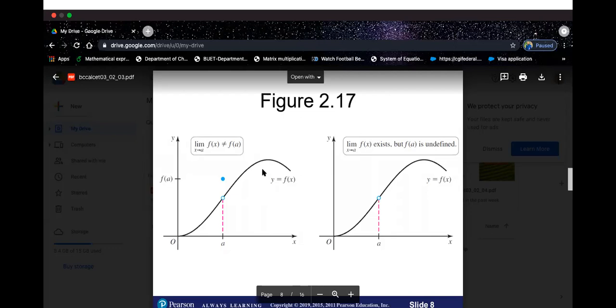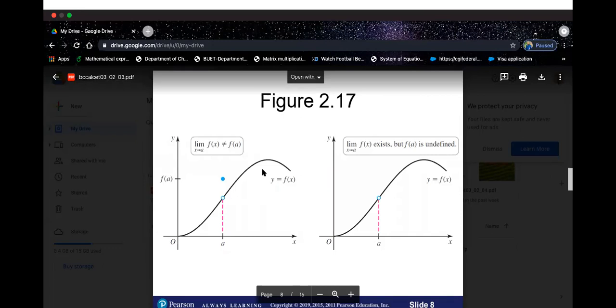Take your time, no worries. You don't need to make a quick decision. The first question is whether or not the limit exists and why. This is for the left-hand figure? Yeah.